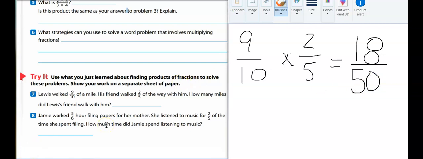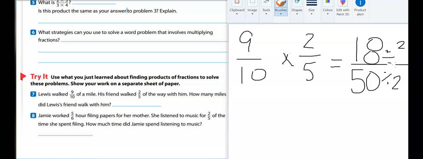Now I can simplify 18/50. Now if you think, what number can I divide evenly by my numerator and my denominator to make my fraction a little bit smaller? So I think I can divide 18 by 2. I know I can divide 18 by 2. And I can divide 50 by 2.